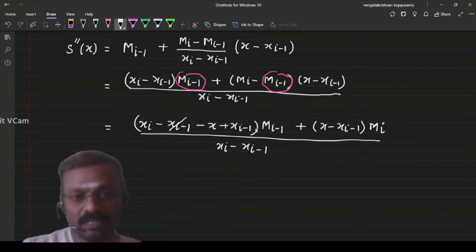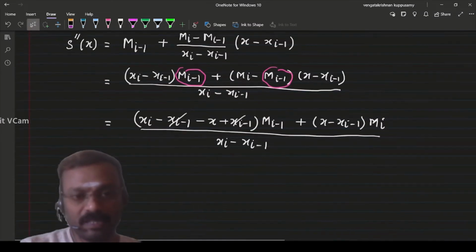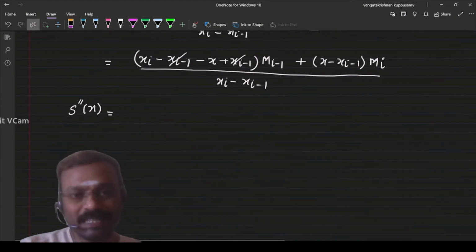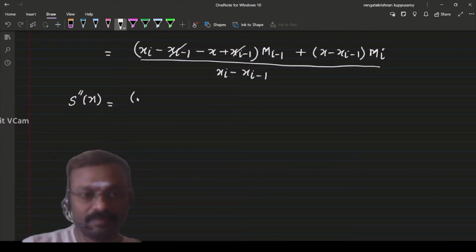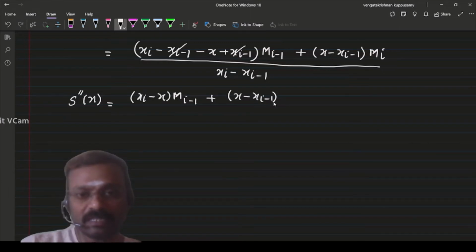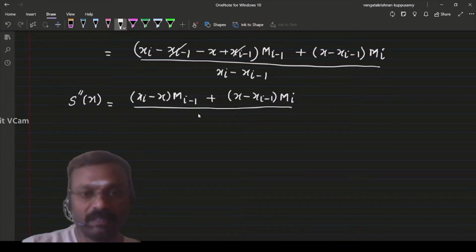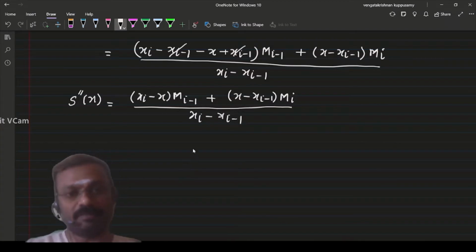So cancelling out the terms and simplifying, we have S double dash of x is equal to xi minus x into mi minus 1 plus x minus xi minus 1 into mi, divided by xi minus xi minus 1.